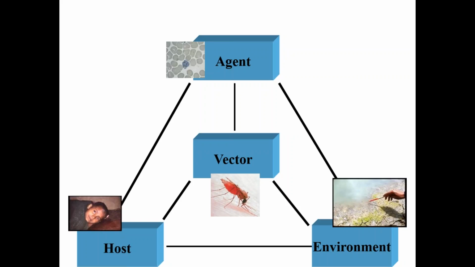But the more you eradicate the mosquito that carries malaria in this case, and the more you drain the swamp, the environment that supports the vector, less swamps, less mosquitoes, eventually malaria goes down. Next slide, please.